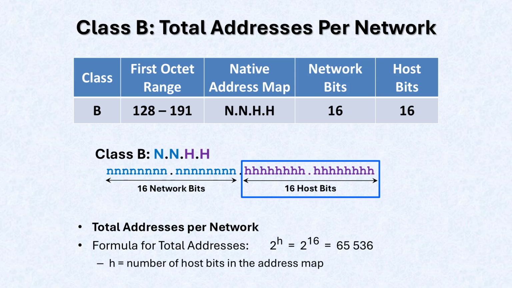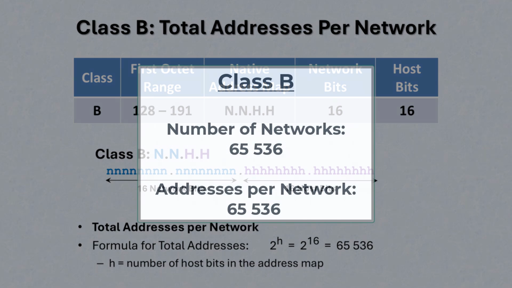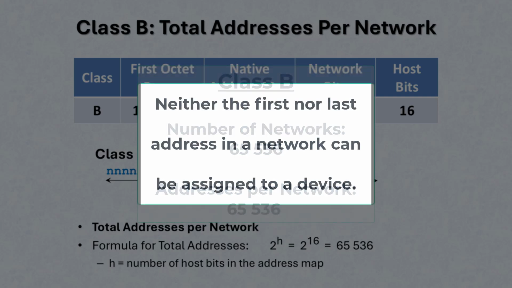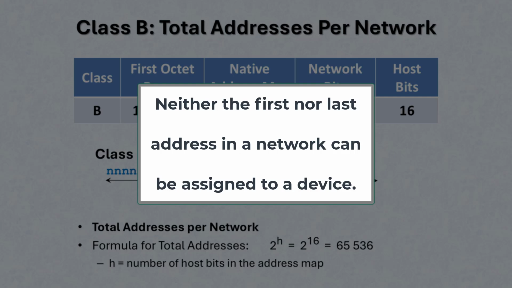Since there are 16 host bits, set 2 to the h equal to 2 to the 16th. This equals 65,536. This means we can have a total of 65,536 Class B networks. And each network can have a total of 65,536 addresses. However, as previously mentioned, there are 2 addresses in every network that cannot be used.